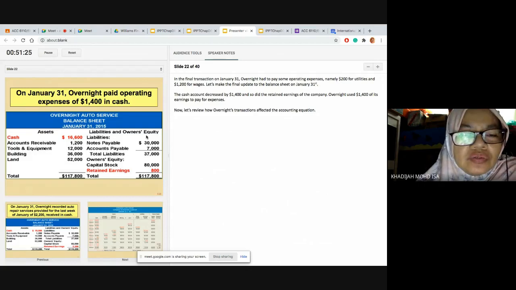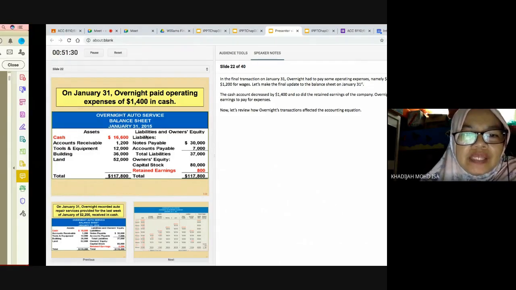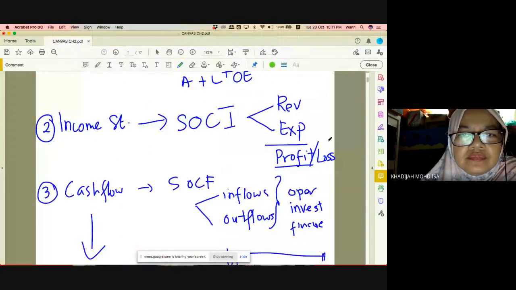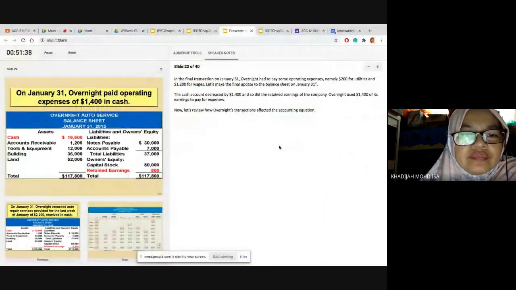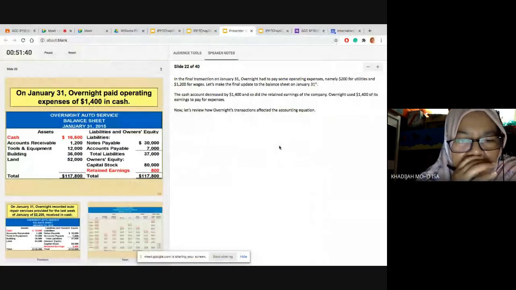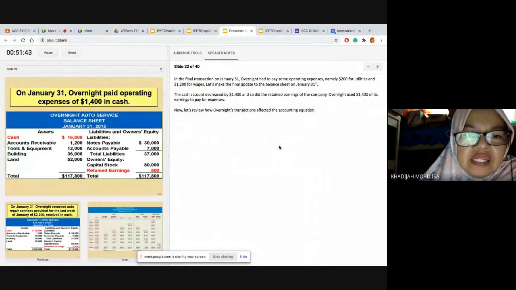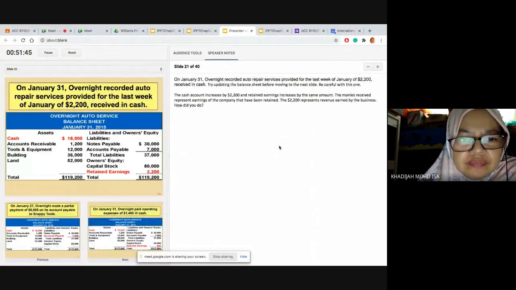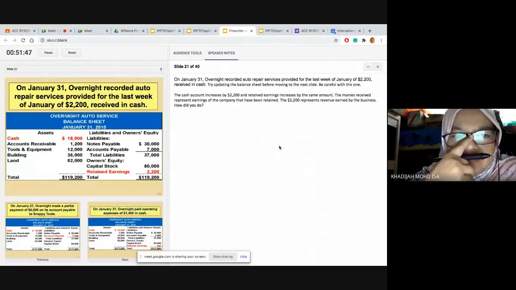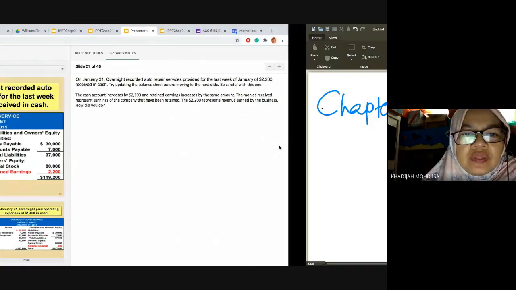But if I want you to draw me an income statement. Income statement tunjuk apa? What is under income statement? SOCI. Revenue and expenses. How much is revenue that you have? Ingat tak? Initially your revenue was 2,200. Kan?